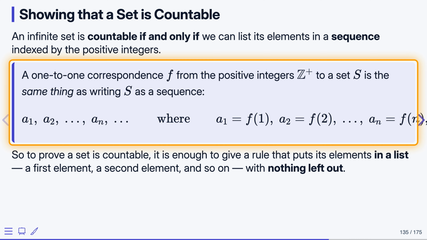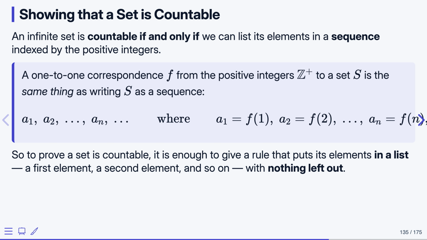An infinite set is countable if, and only if, we can put its elements in a list. The list is a sequence: a first element, a second element, a third element, and so on, one for each positive integer. Now the key point.